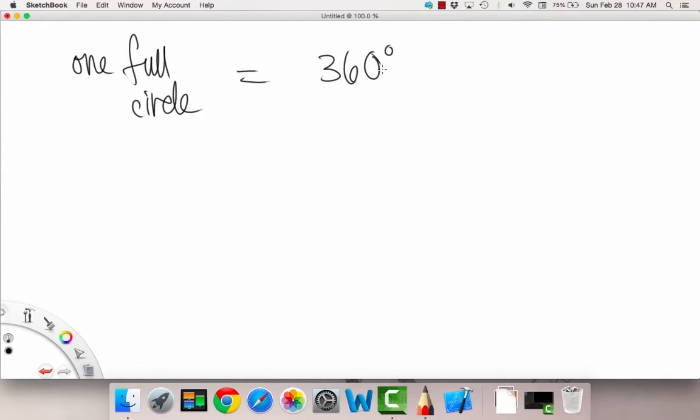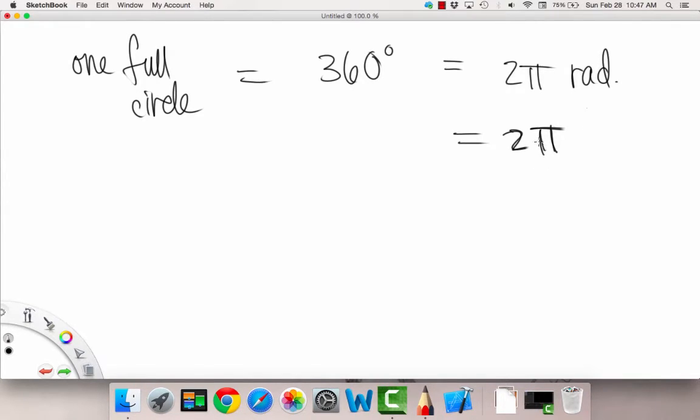But now we also know that one full circle is equal to 2 pi radians. Usually they're called rad if you write anything. Sometimes you just write 2 pi, and it's assumed that means radians if you don't have any units there. That's what I mean by unitless. A lot of the times we don't even write units on it.